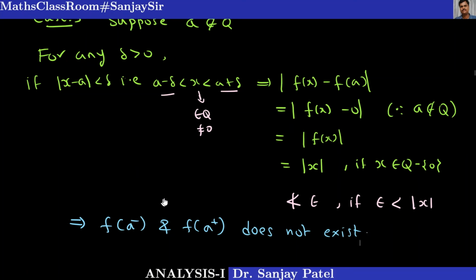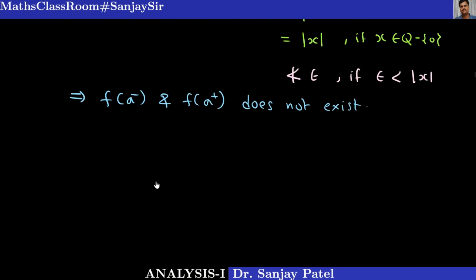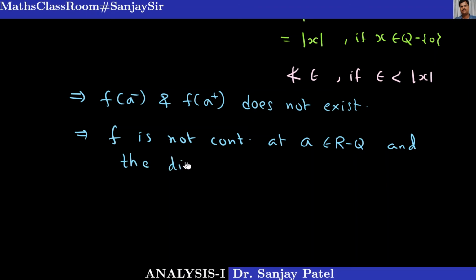So again, the function is not continuous at the point a belonging to R minus Q. So f is not continuous at a which is not in Q, that is, it belongs to R minus Q, meaning an irrational number, and the discontinuity is of the second kind.